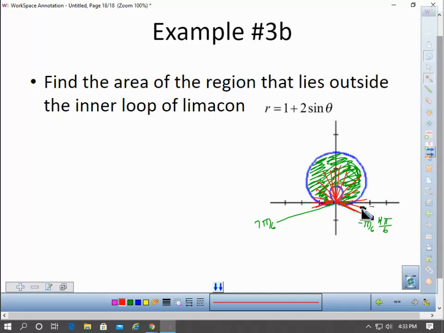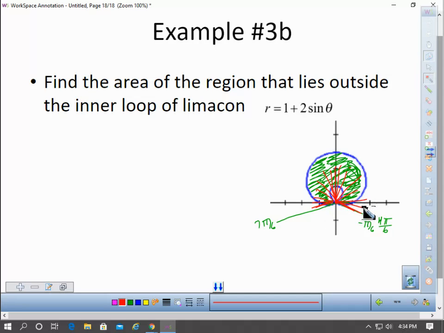So if I do the area from negative pi over 6 around to 7 pi over 6, that is also going to give me the area of this loop as well as the green part. So to go from negative pi over 6 to 7 pi over 6, I will need to subtract off a loop. So I'll do the area and then subtract my answer from 3a.